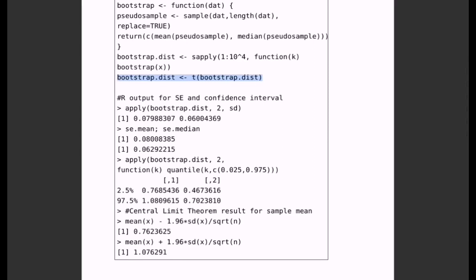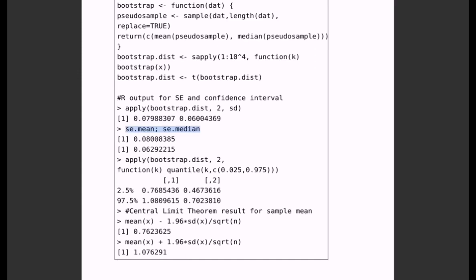So I find the SD. The SD will be about 0.0798 for the first one, the mean. The second one is 0.06 for the median. And SE mean and SE median are the standard errors that you find from the formula, from theory.